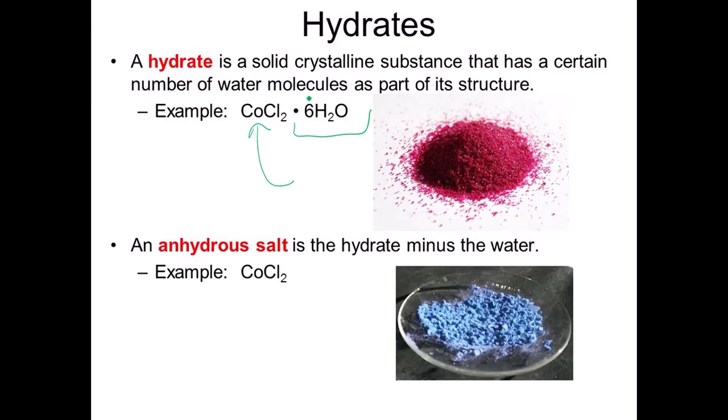If it doesn't contain water, if it's the hydrate without water, then we call it the anhydrous form, or the anhydrous salt. So an anhydrous salt is the hydrate minus the water.